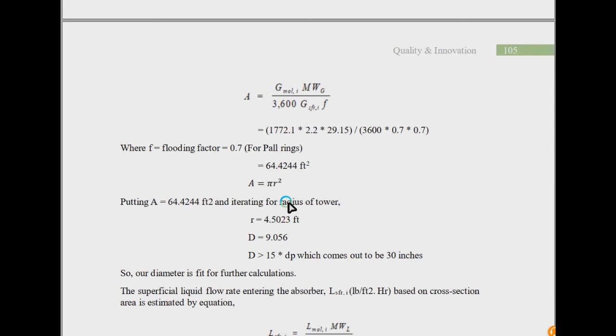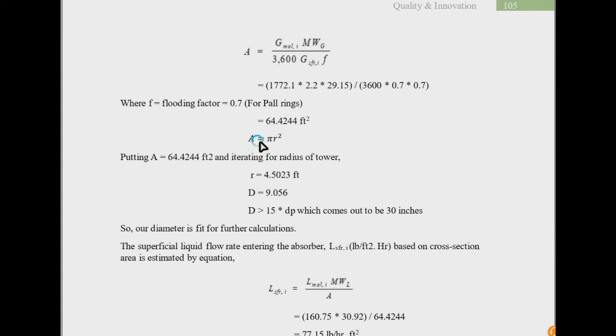For the cross section, the relation, whether based on differential or analytical expressions, is always based on pi r square, not pi r l. So the diameter or radius can be calculated from A equals pi r square. It comes out to be 4.5023 feet for the radius, and the diameter is 2 times the radius.